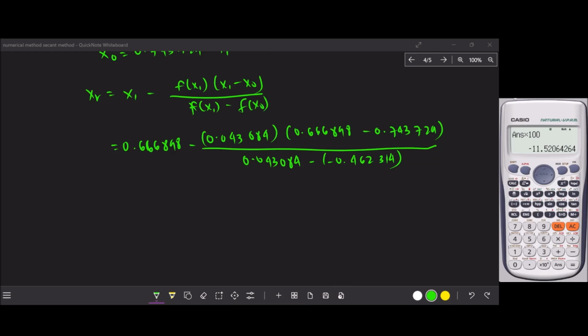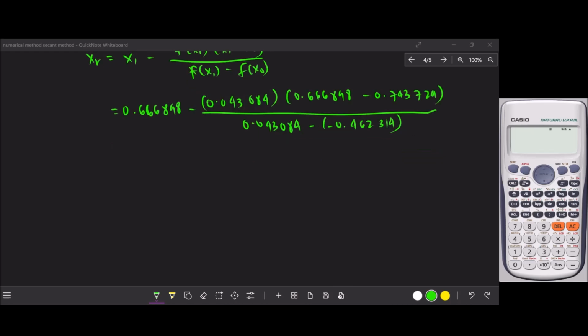So we have stored already our values. Now let's try to calculate the new value for xr.